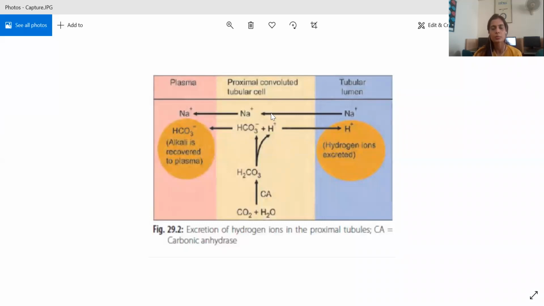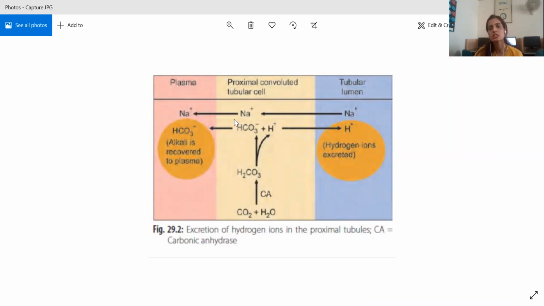Now, I have told you about this. Further, I'll try to share with you the diagram. Here, if you can see the diagram on my screen, it is showing the PCT in the center, which is a proximal convoluted tubule, and here you can see that carbon dioxide and water, in the presence of carbonic anhydrase, are getting converted to H2CO3.